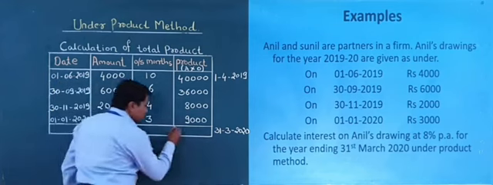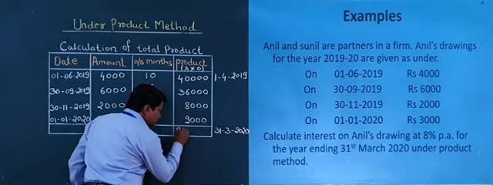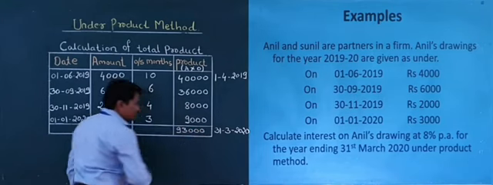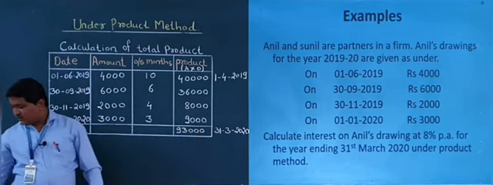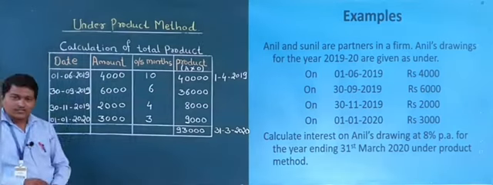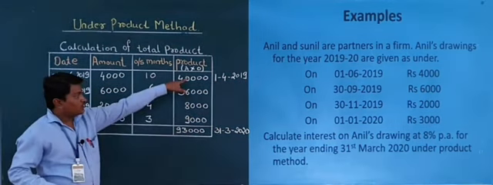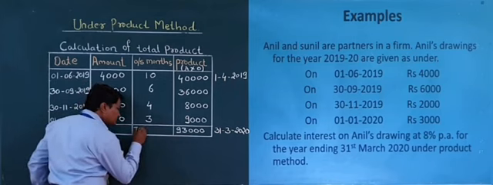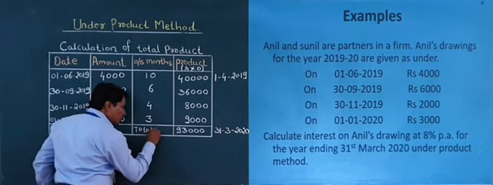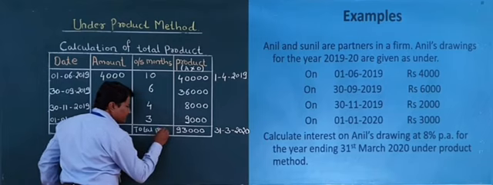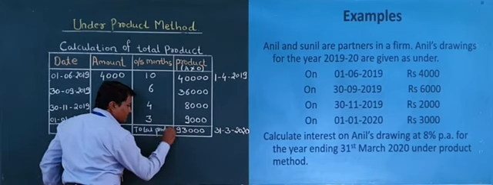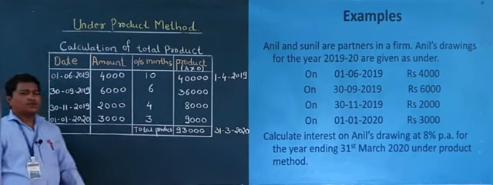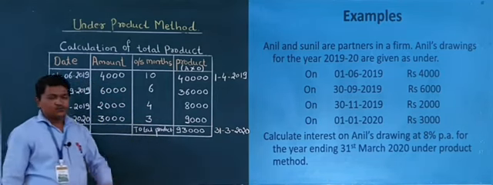Yes, it is 93,000. And what do we call this 93,000? It is the total of product. This amount is called total product. So we now get the total product.